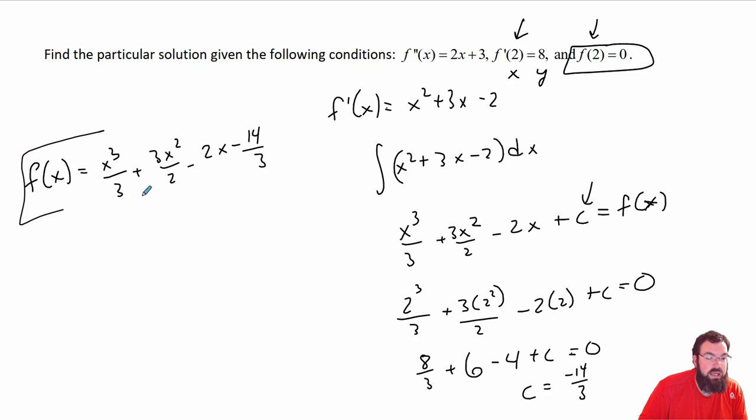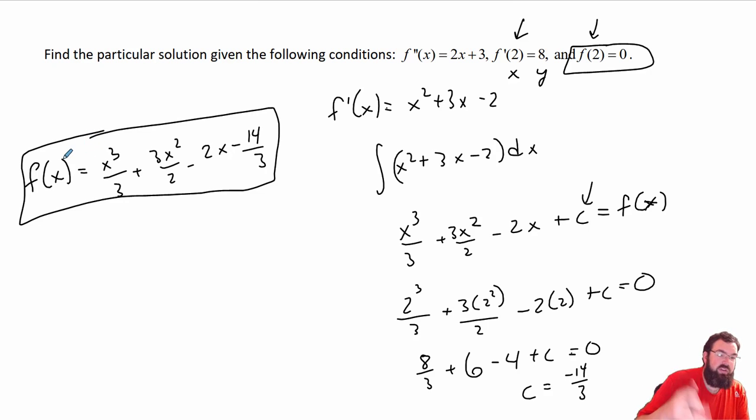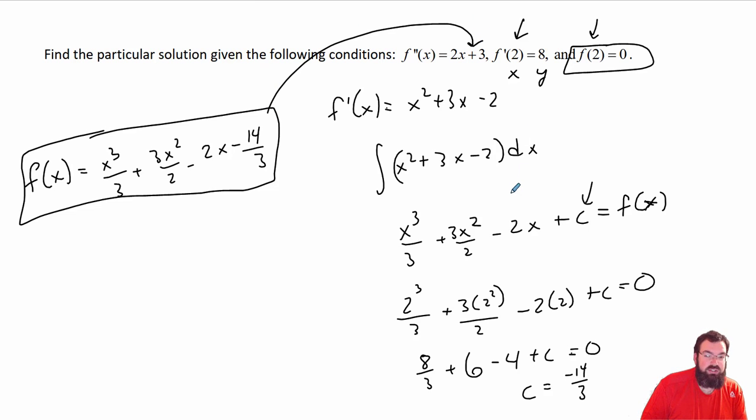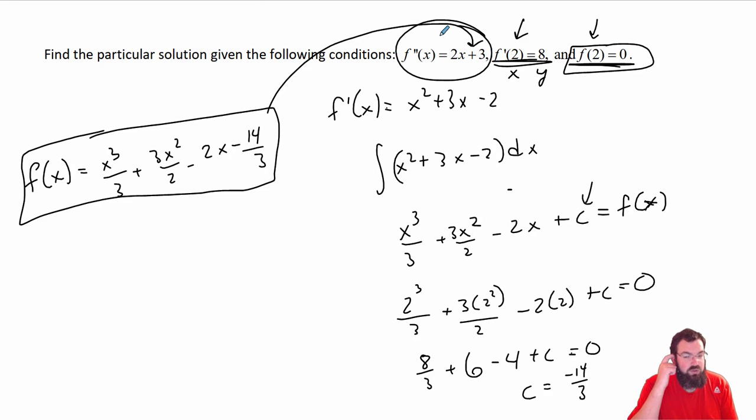If I were to take the derivative of this function twice, we will get 2x plus 3. We can get 2x plus 3 a lot of different ways, but this is the only original function that will meet both of these initial conditions, along with giving us the double derivative as 2x plus 3. That's it for this one.